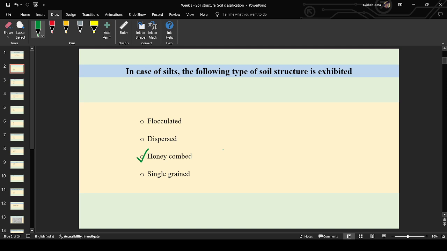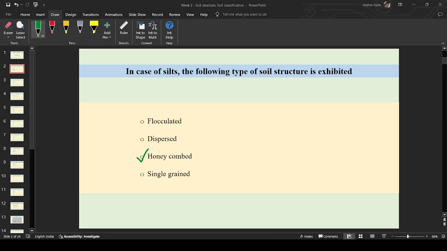If you can tell me, which kind of soil shows single grained structure? Yes, Samitinjay, well graded?